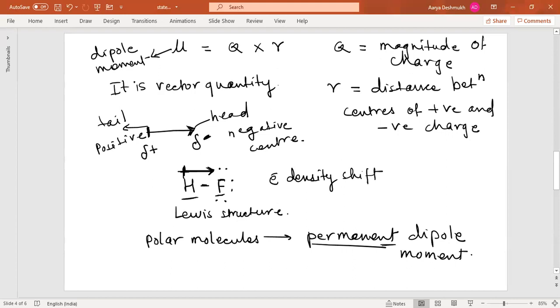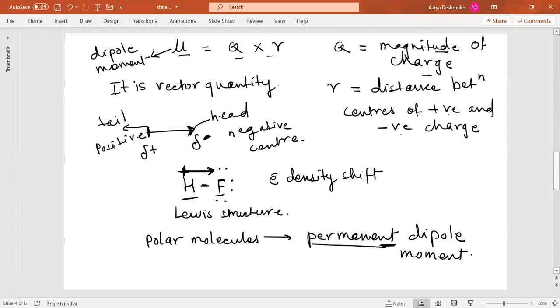Dipole moment is Q into R, where Q is the magnitude of the charge developed, the partial positive and negative charge, and R is the distance between the centers of positive and negative charges, developed due to the electronegativity differences between the atoms present in a molecule.